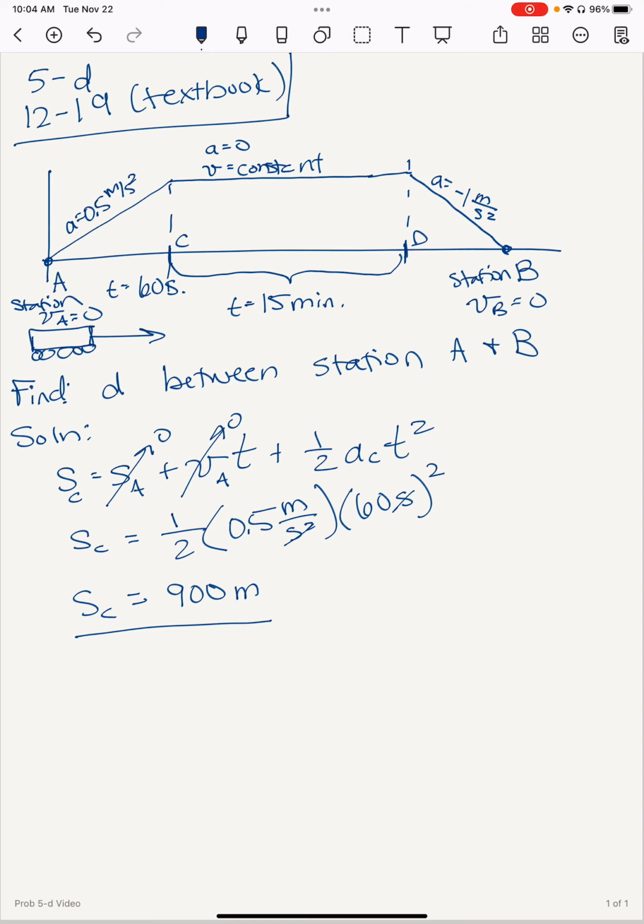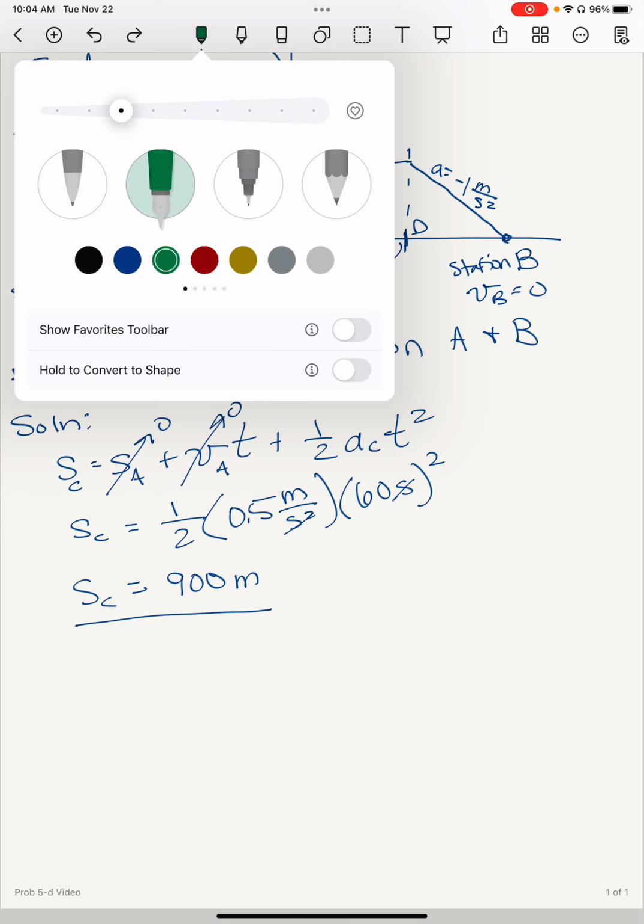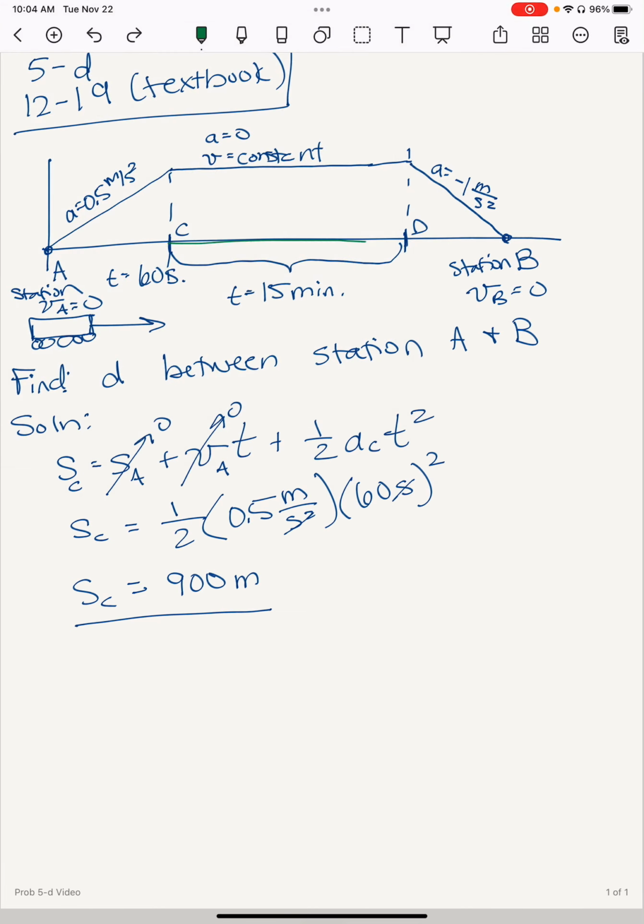So now we need to go from C to D. So now we need to figure out what this distance is. We know the velocity is constant and we know the acceleration is 0, so we need to know what that velocity is. We can find the velocity at C with that constant acceleration using another one of our equations.